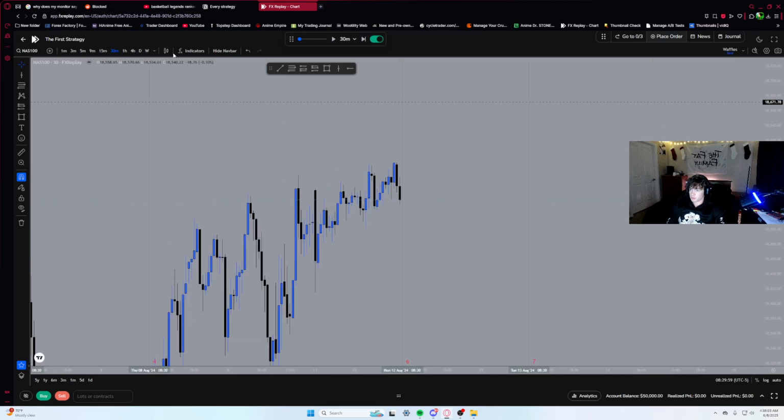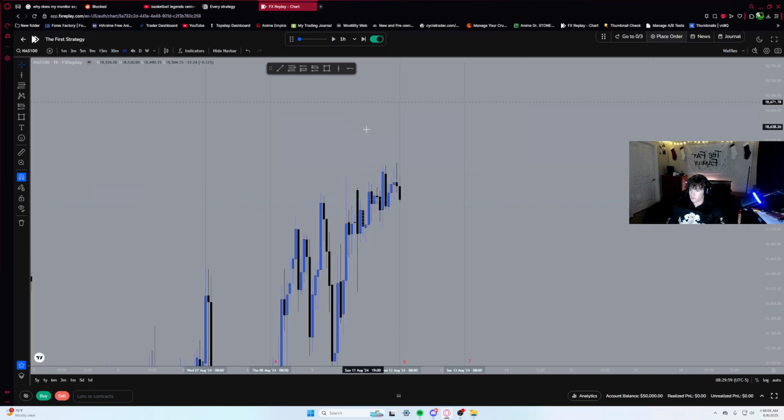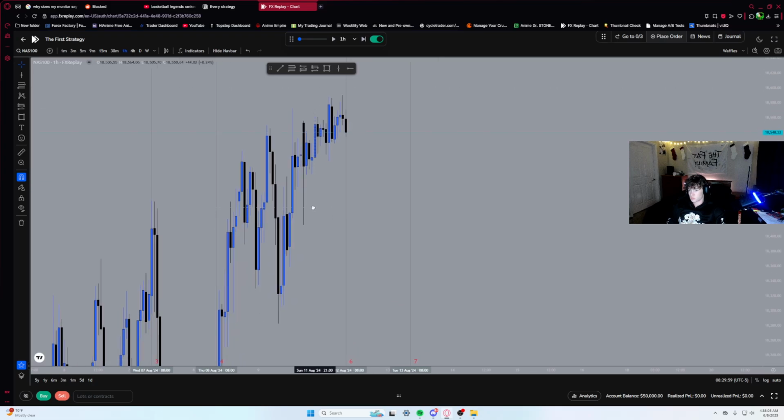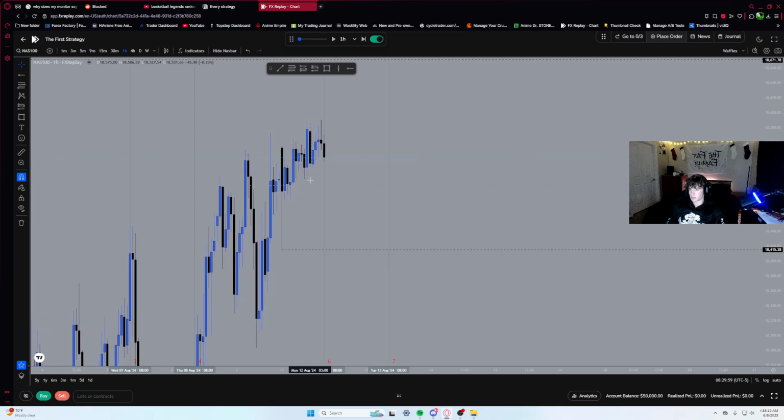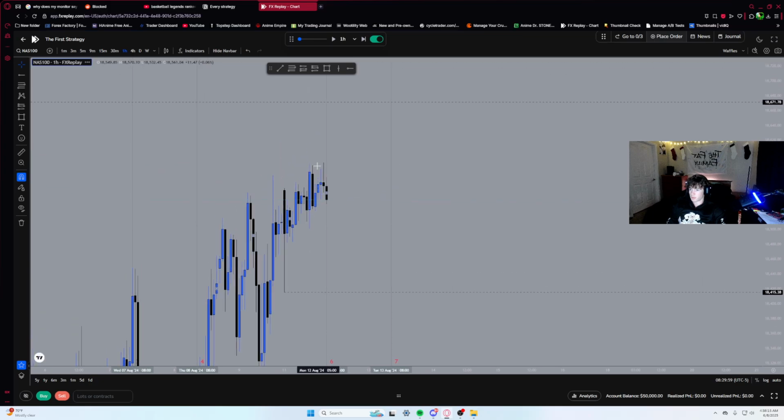Looks like a bearish move. We have this strong low down here. Price probably wants to retrace to it. We also have a pre-market liquidity sweep. I'm already bearish.